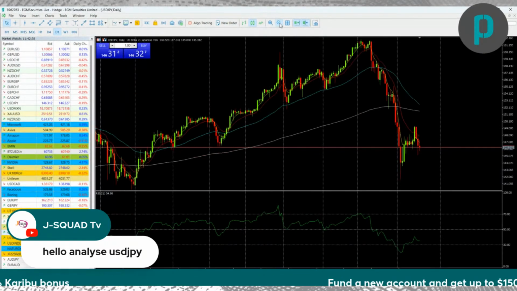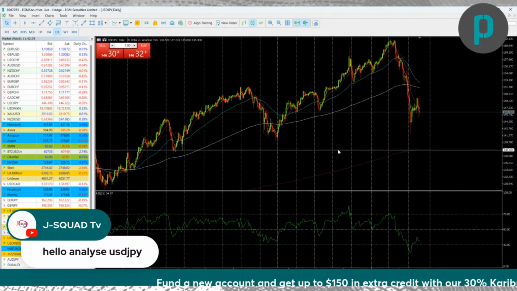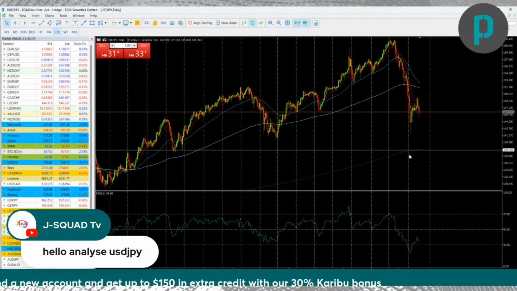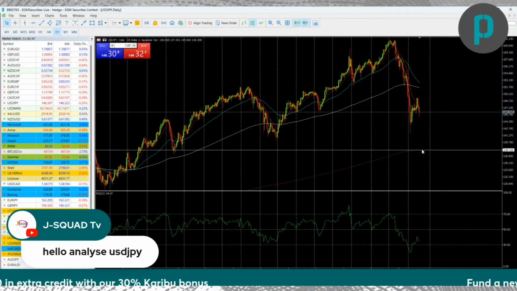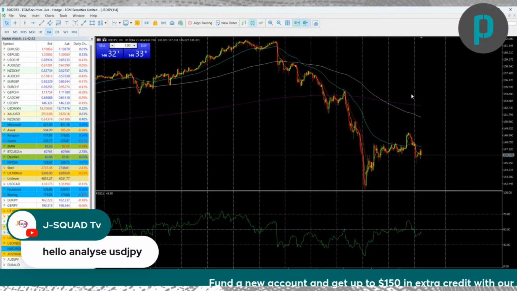It was based on what? Interesting. So let's remove these analysis. Yeah. So we were looking at these areas as a possible area of support. So I think we're still looking for a bearish push, JSquad. However, I would want to see what intraday looks like.